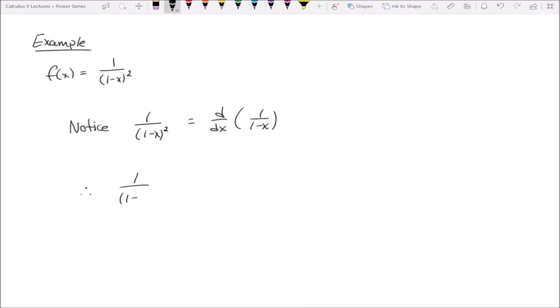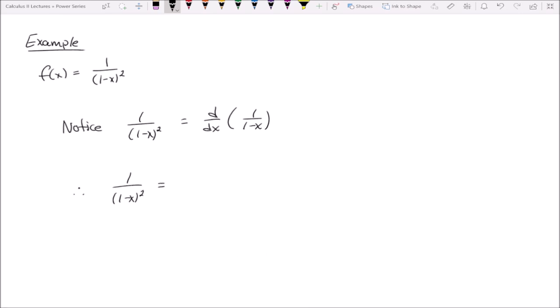Therefore, this would be the derivative of this series, which is the series n equals 1 to infinity of n x to the n minus 1 for absolute value of x less than 1.